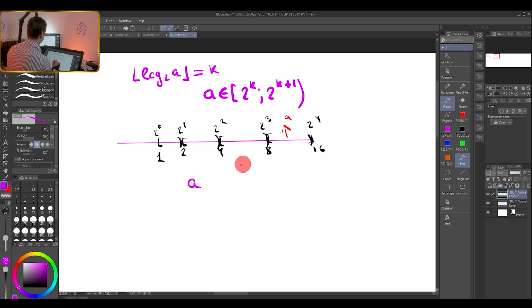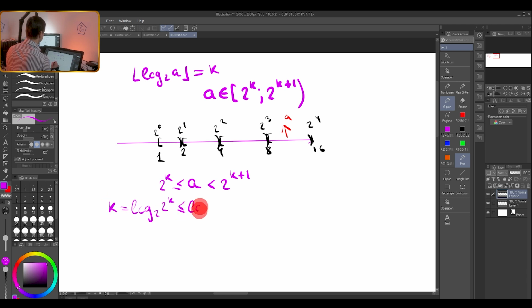So we know that a belongs to this interval. It is greater or equal to 2 to the power of k, but it's less than 2 to the power of k plus 1. And we are interested in log 2a. Well, let's take log 2 of each part of this inequality. And why do we do it? Because if you take log 2 of this one, it becomes a great number, an integer.